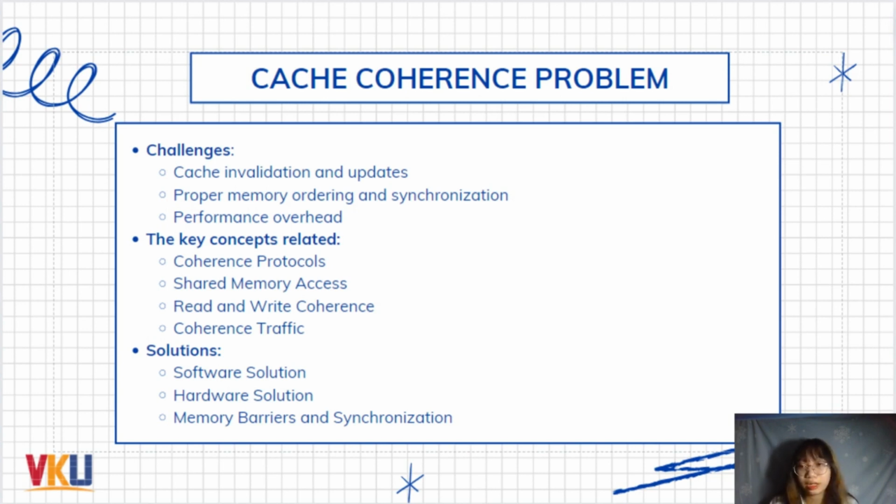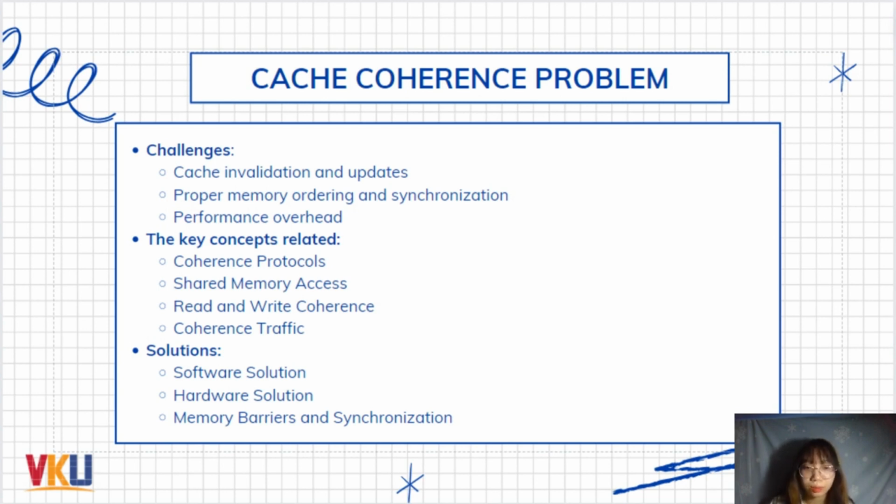The cache invalidations and updates involve coordination and communication to maintain consistency in the shared memory allocation. Maintaining cache coherence requires proper memory ordering and synchronization across the multiple processors. Thus, ensuring cache coherence adds overhead, impacting system performance and making it a key challenge.